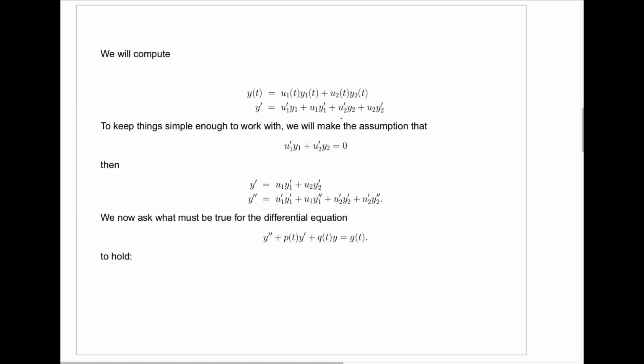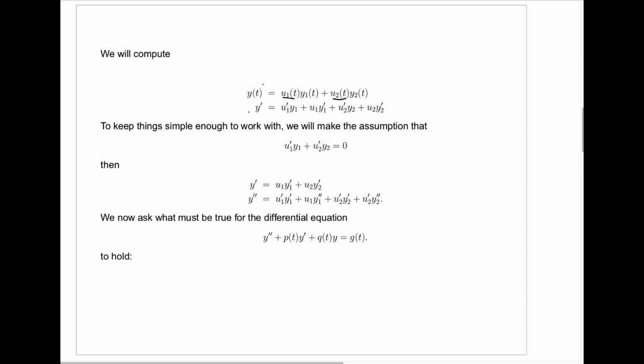Here's the way we're going to find how to choose u1 and u2, how to choose these functions to make the function y a solution to the differential equation that we desire. The first thing we do is start computing derivatives of y in order to plug it into the differential equation to see how to force u1 and u2 to make things work.